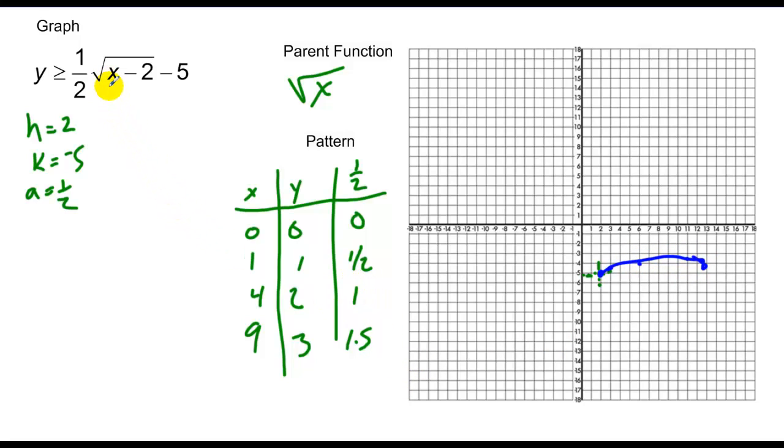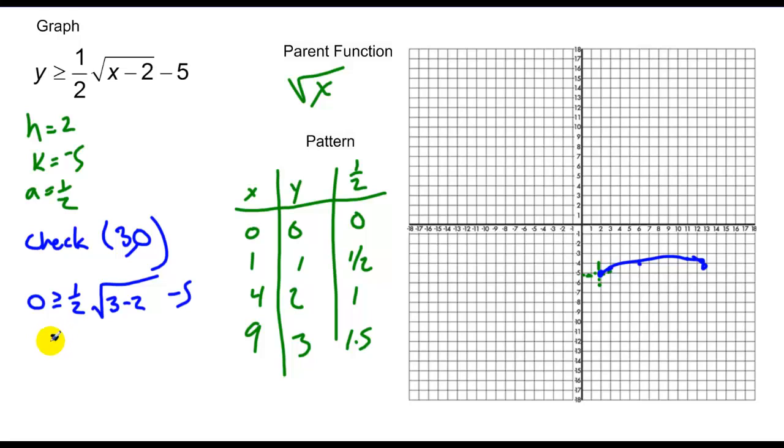Now, the shading is going to be a little bit different because we can't really test a point 0 because 0 is not in the domain. We notice the domain is greater than 2, so I've got to check some other point. I'm going to check the point 3, 0 just for the heck of it. So when I do that, I notice that 0 has got to be greater than or equal to 1/2 times the square root of 3 minus 2, minus 5.